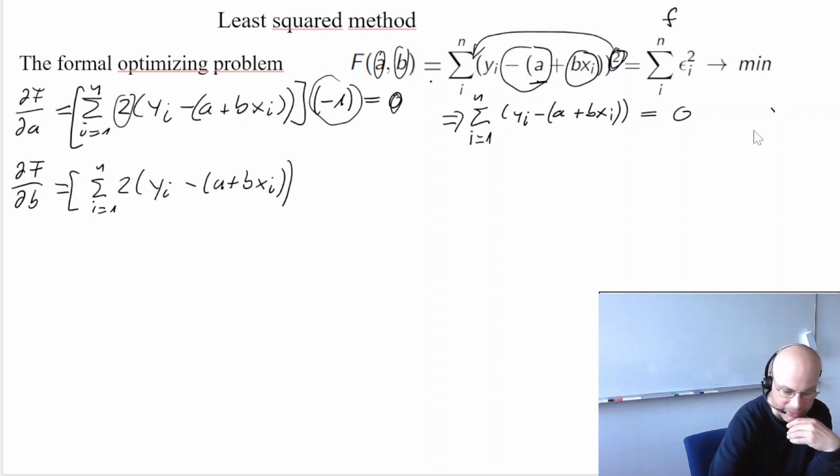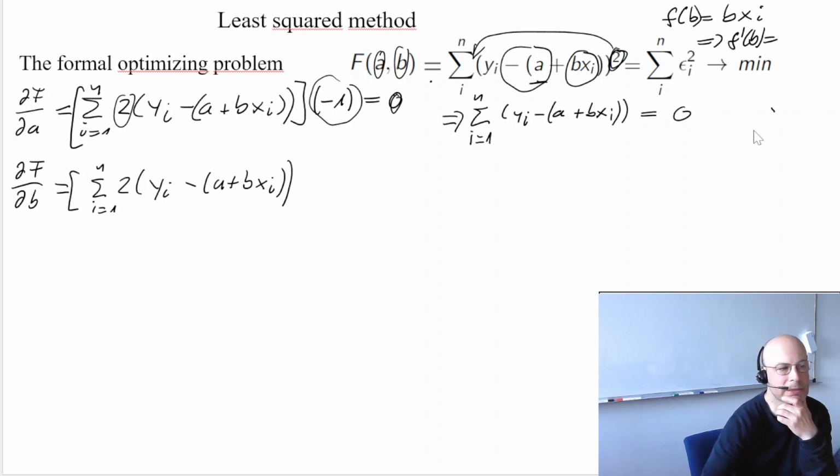So if f of b is b xi, then we have f prime of b equals, so b is our variable and x is some number.